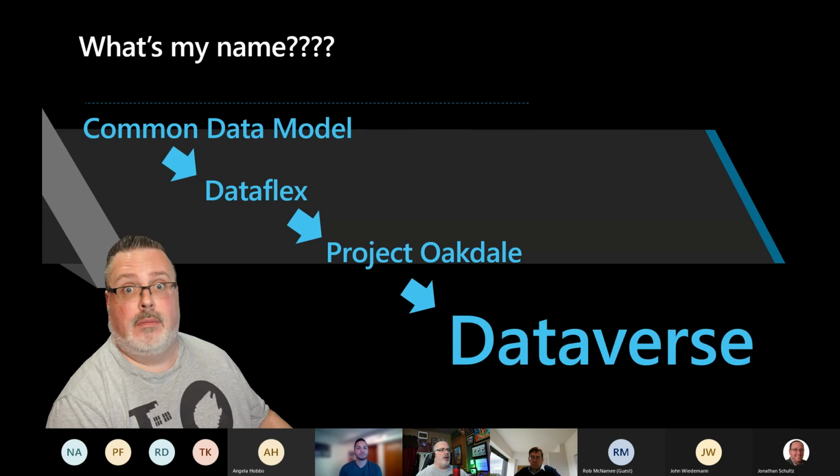So if you're trying to find documentation on this and you're not finding Dataverse, in fact, if you just Google Dataverse, you'll find more documentation on Harvard's Dataverse for internal databases at Harvard than you will on Dataverse for the moment. I would imagine that's going to grow and change as time goes on, but just be aware that Dataverse is a relatively new name for that.